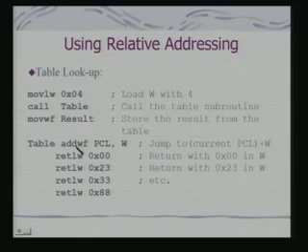Here I am adding the content of W to PCL to index onto the table, and which content I look at is specified by this argument. So, if I change this value, I shall return from the subroutine by executing some other RETLW instruction. So, I shall return with a different value, and that is why this implements a table lookup operation.